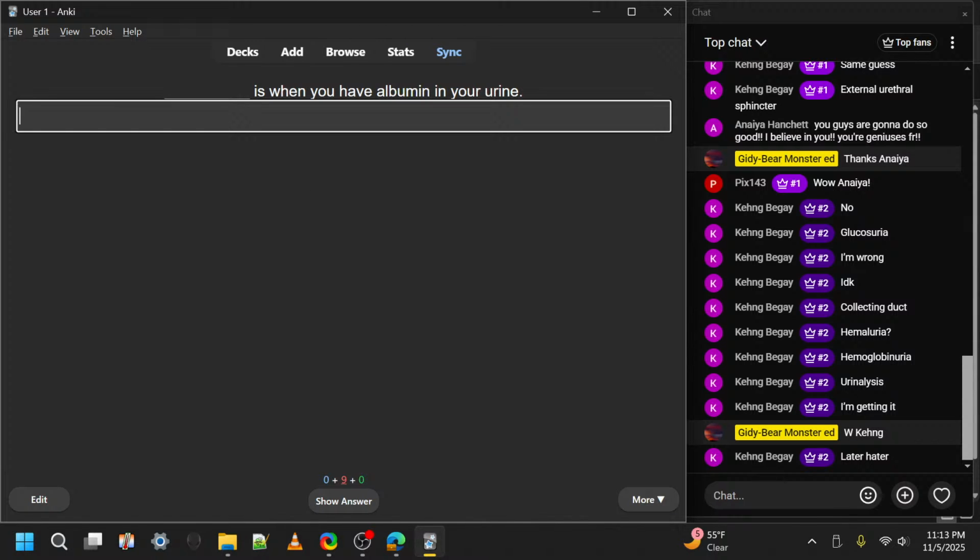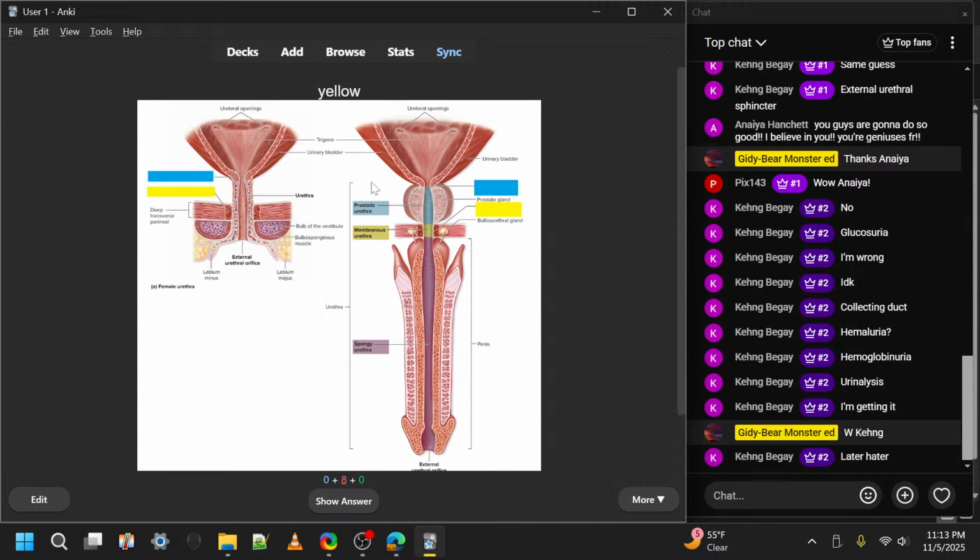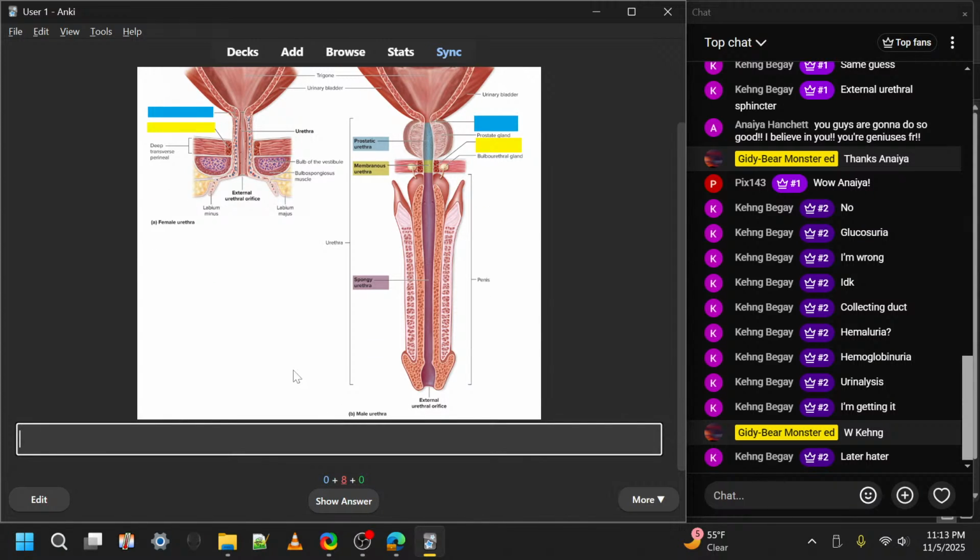Blank is when you have albumin in your urine. Albuminuria. Yellow is the external urethral sphincter.